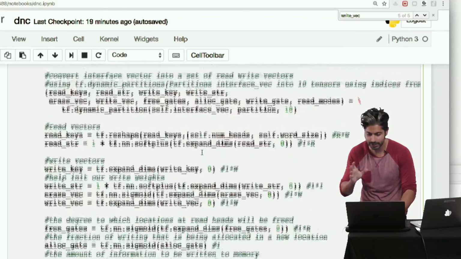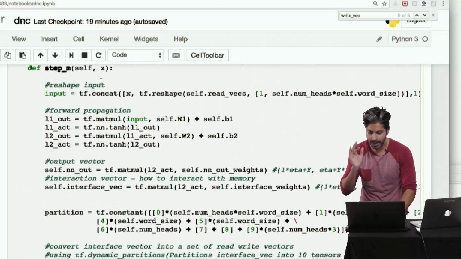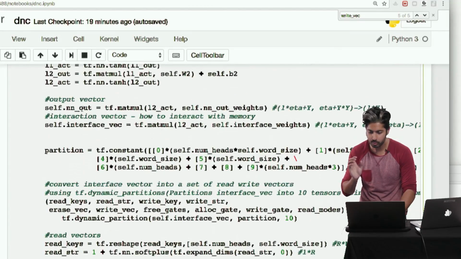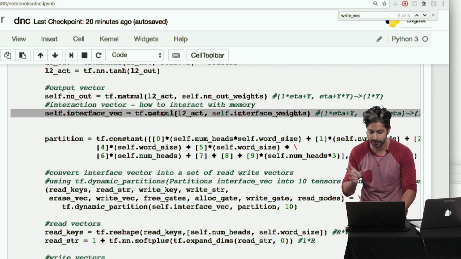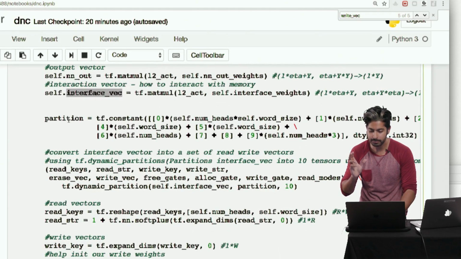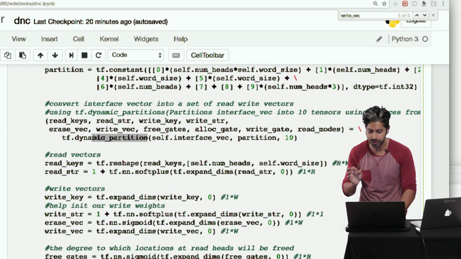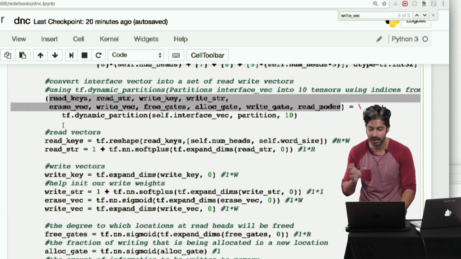So let me go back for a second and do a little high-level refresher. We had our input, we forward propagated it through the network, and then we computed our output vectors, both the predicted output and the interface vector. And then we partitioned that interface vector using this partition variable and the dynamic partition function into a set of parameters with which we can then interact with our memory bank at the next time step.